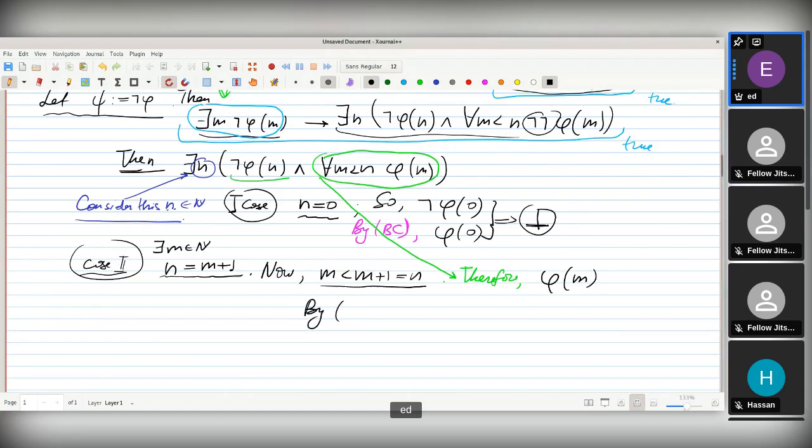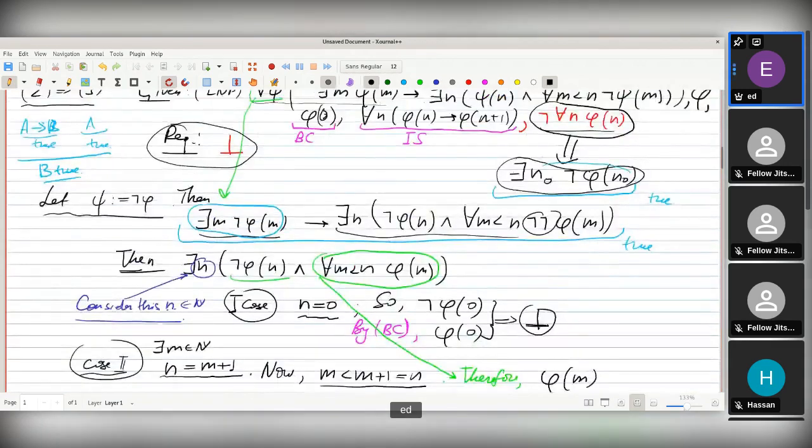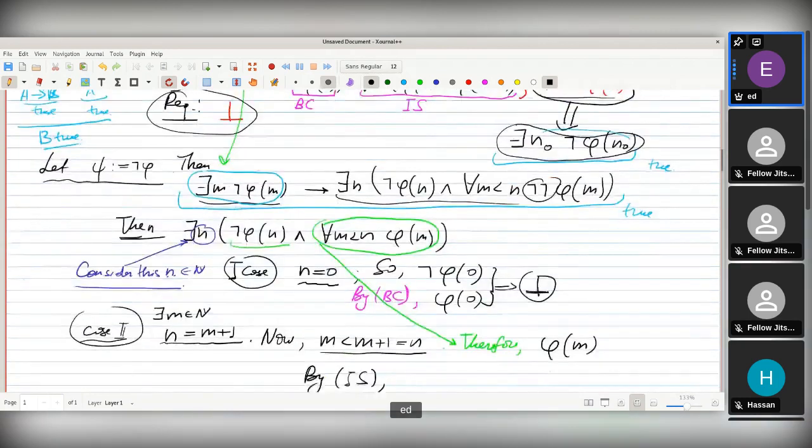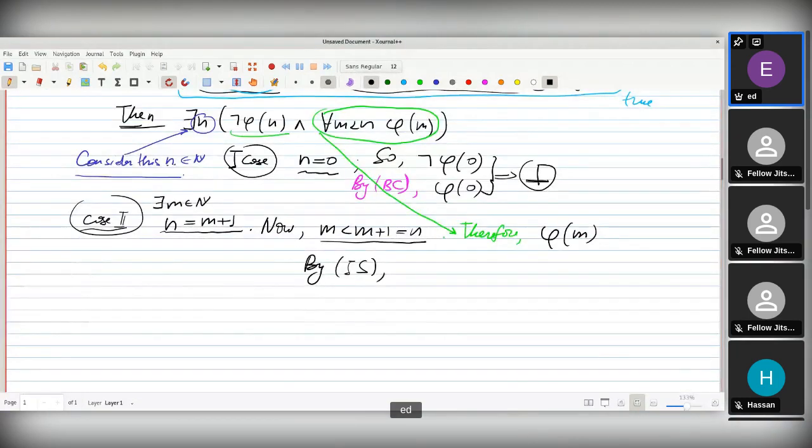But by the inductive step, here it is, I know that if phi holds for whatever number, it holds for the next number as well. So by the inductive step, I have phi of m plus 1. Is it clear? Yes.